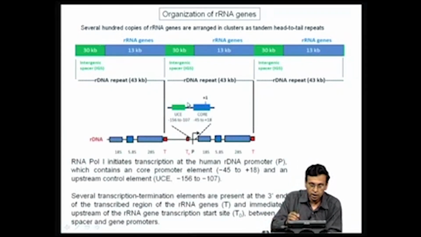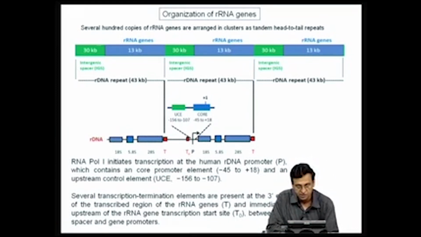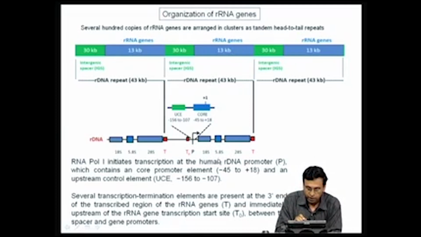Now, let us see how exactly this ribosomal DNA unit is organized and how the regulation or synthesis takes place. This cartoon shows you the coding region, the 13 kb, which contains genes that code for 18S, 5.8S and 28S ribosomal RNA, and this is the intergenic spacer. This is the promoter, and the arrow indicates the transcription start site.